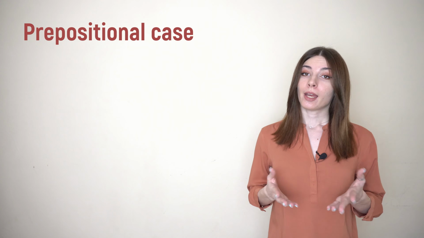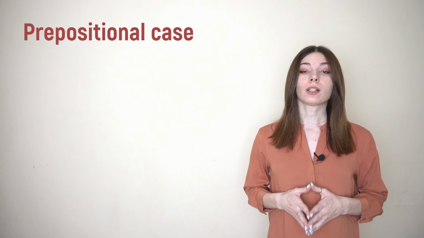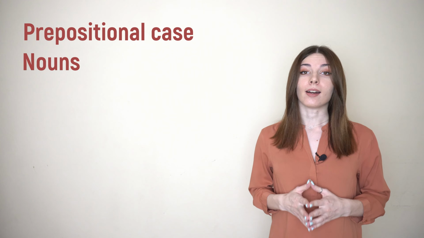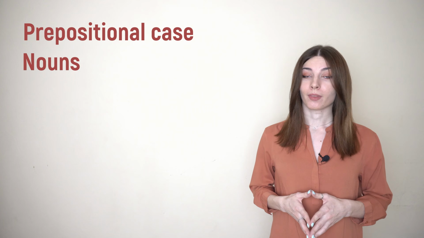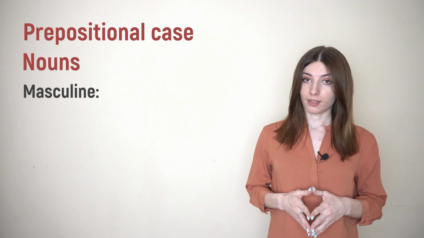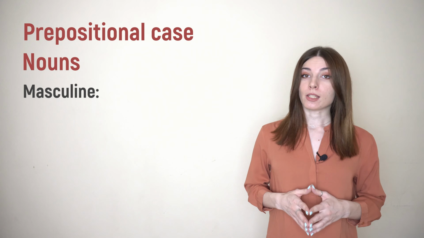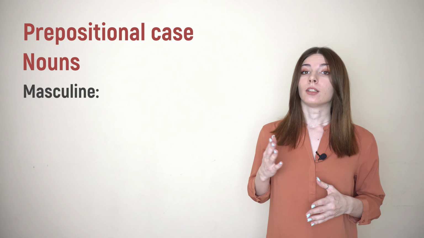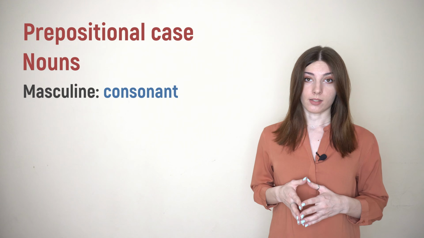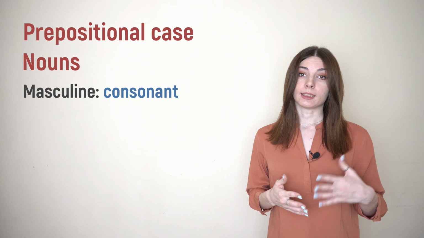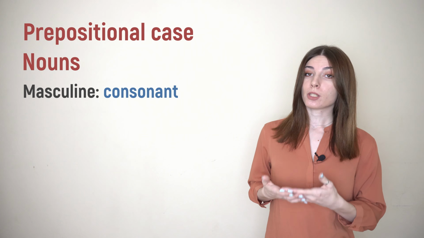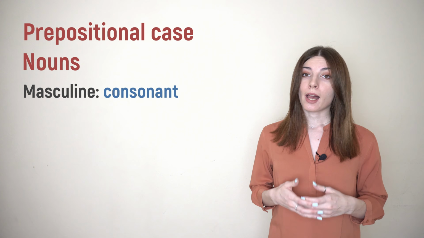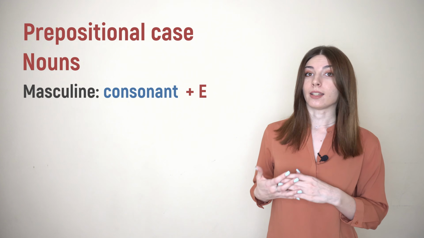Now let's look at how we change our words in the prepositional case. First, obviously, we will talk about nouns because they are the most important. For masculine nouns, let's remember the basic form of them. Masculine nouns usually end in a consonant, any consonant. And here, because it's a consonant, for the prepositional case, we will have to add the letter «е».